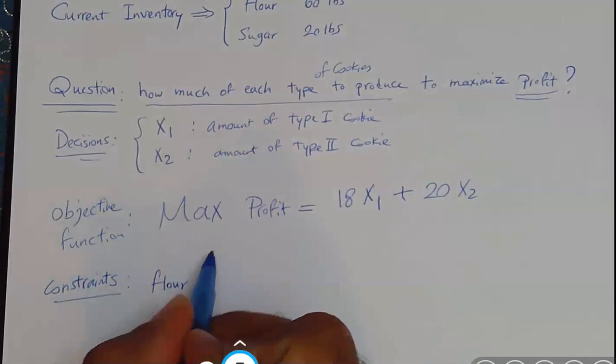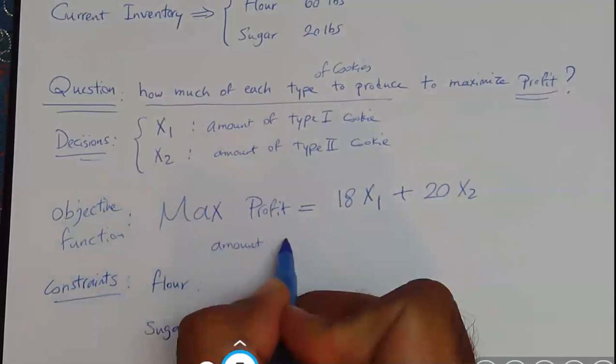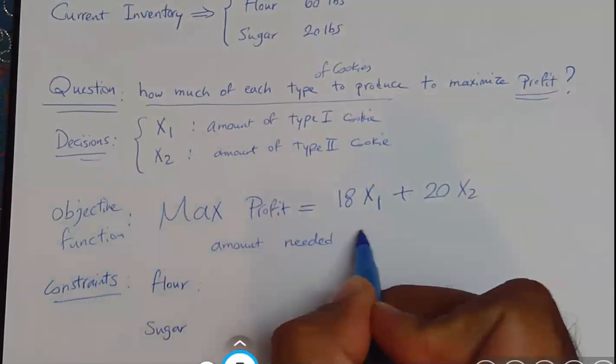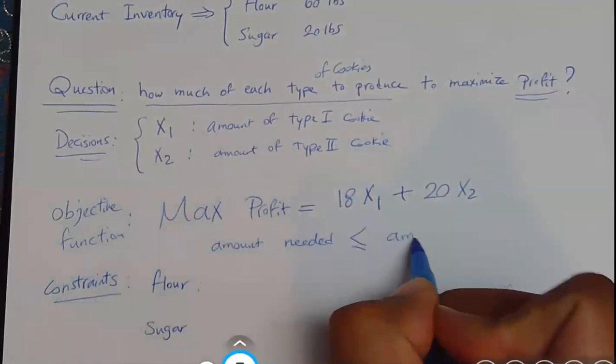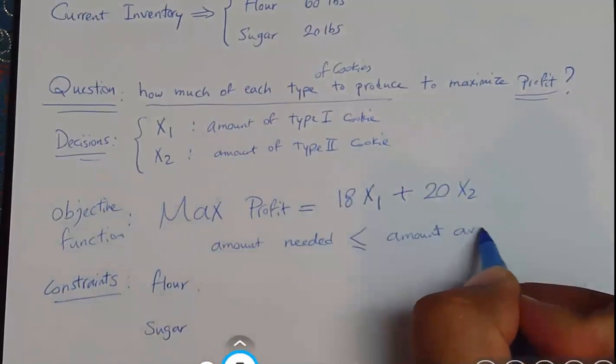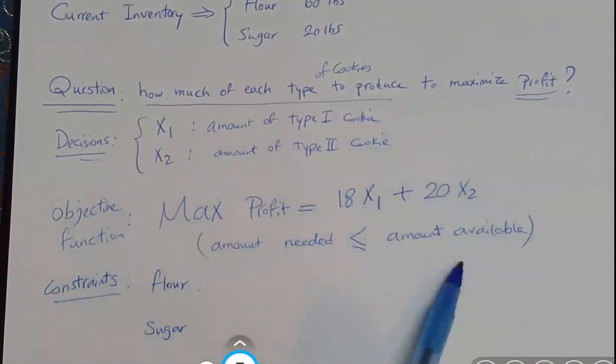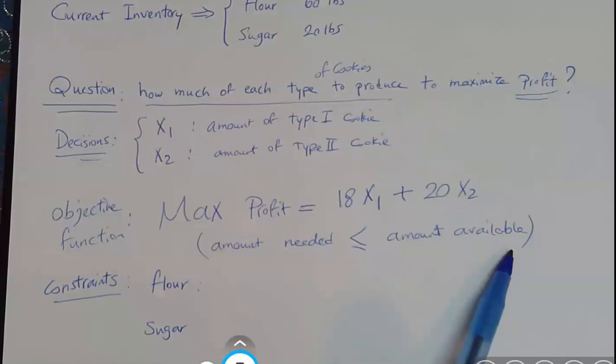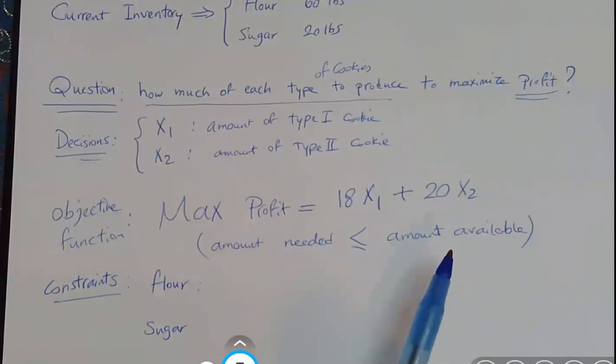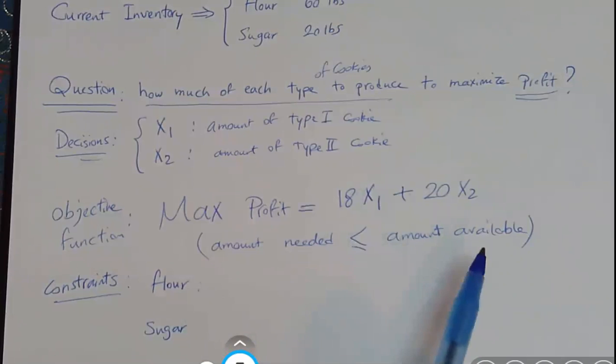So I'm just gonna write it here: amount needed should be less than or equal to amount available. So that's the logic of my constraints. I cannot use more than the amount that I have available in inventory, in stock, right? I just need to make sure that my consumption of ingredient is within the feasible range. It's not gonna exceed the amount of inventory that is available.